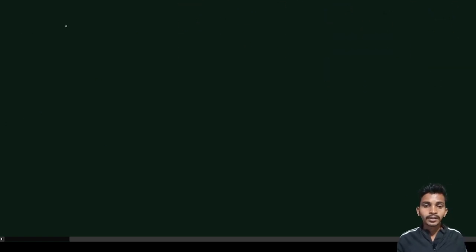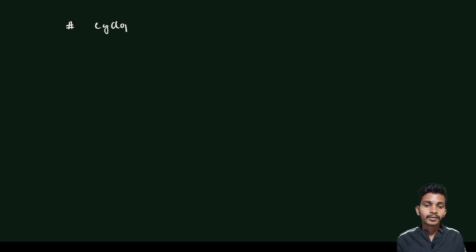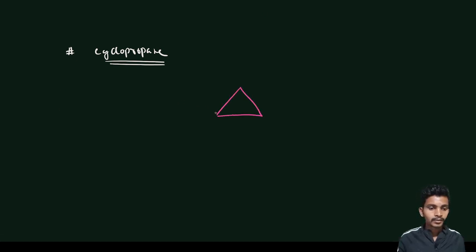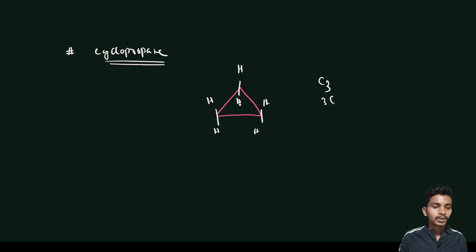So now we will discuss another example, like cyclopropane. Which type of structure is cyclopropane? If I draw it like this, here H, H, H, H, H, H. So here, a C3 axis is present passing through this, and obviously 3 C2 is present if we pass through these.